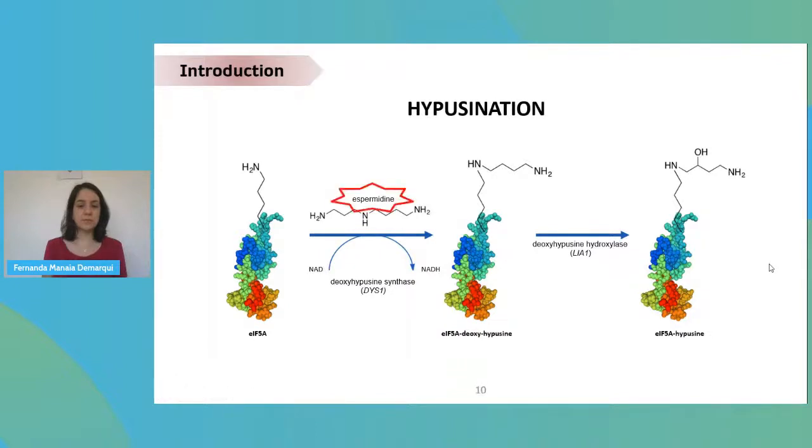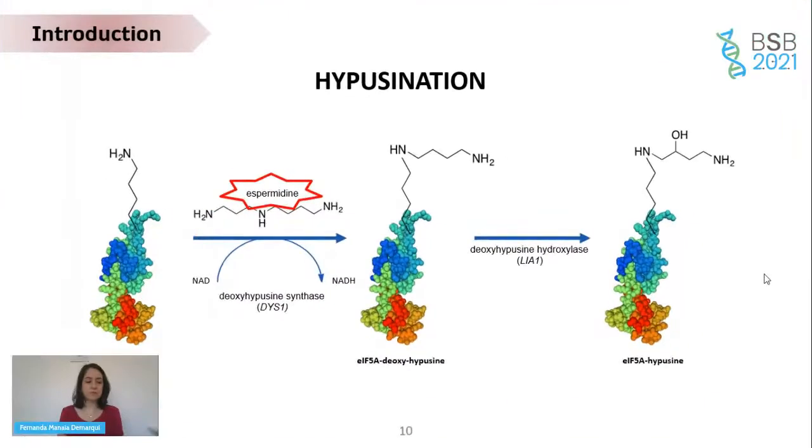Spermidine is a polyamine, and hypusination is a spermidine-dependent process. Besides being involved in hypusination, spermidine has also been reported to induce autophagy. Additionally, polyamines have roles in cellular proliferation, binding DNA, modulating ion channels, and modulating protein synthesis.